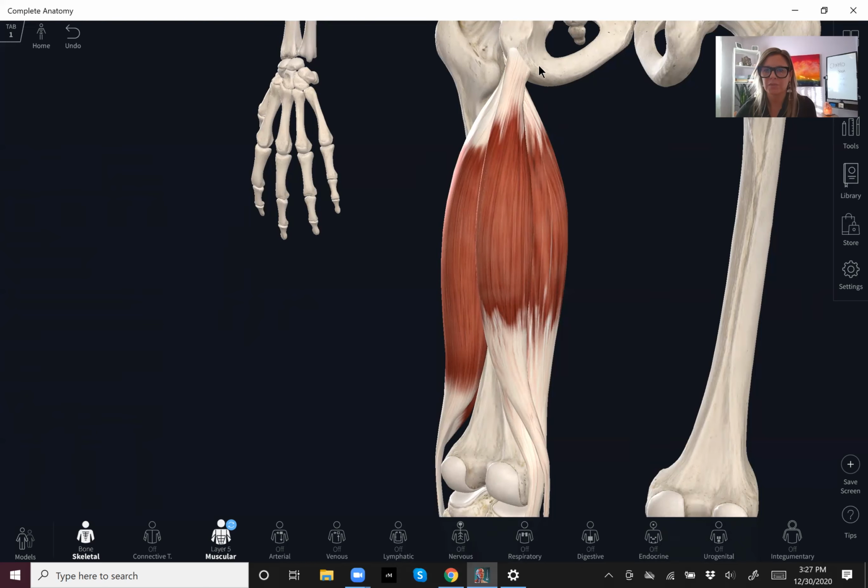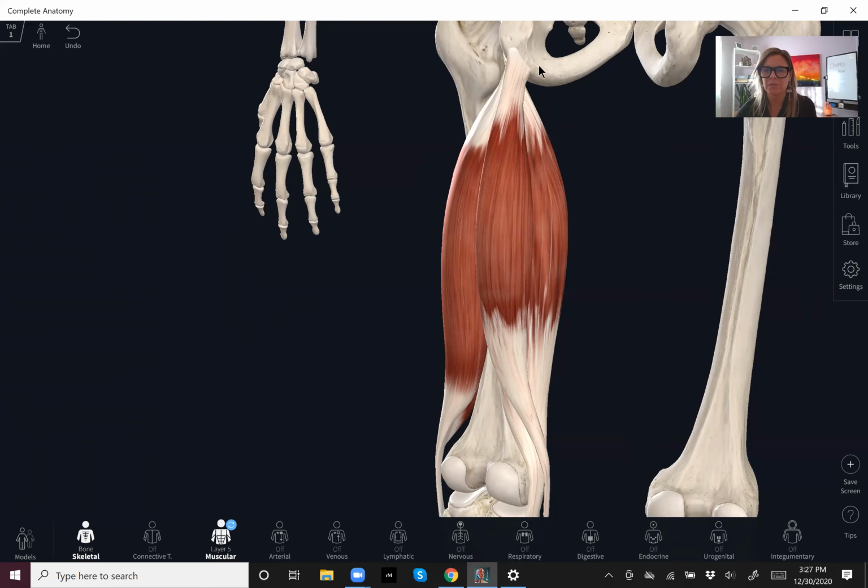So you can see here, if we follow this one, we can probably highlight it. And you can see here, it attaches right here at the top of the tibia. This one here attaches a little bit more anteriorly on the tibia. And then this one over here, there's actually 2 heads of the muscle here.